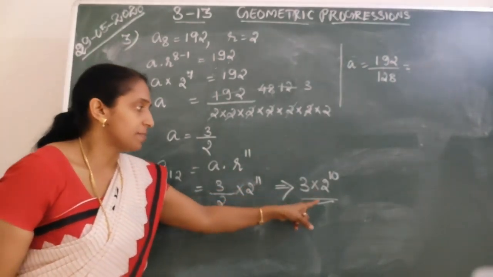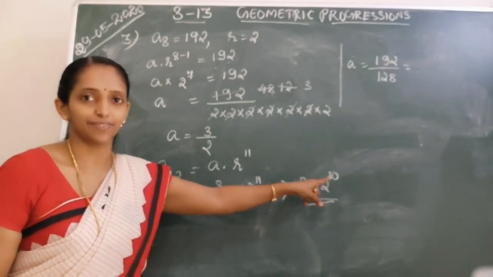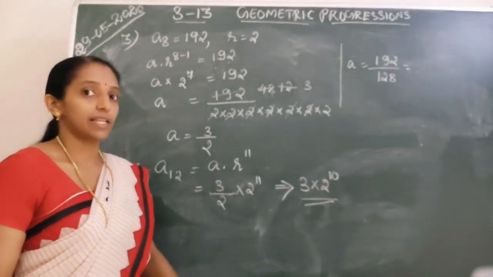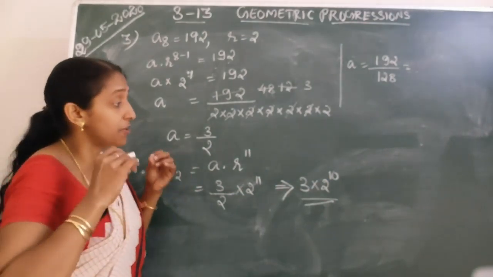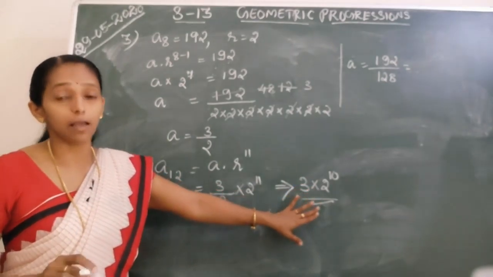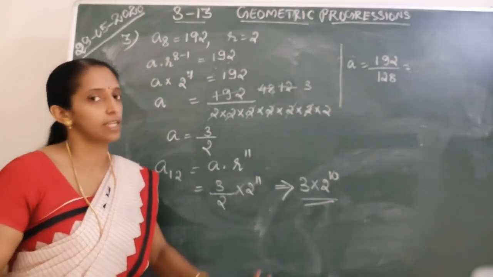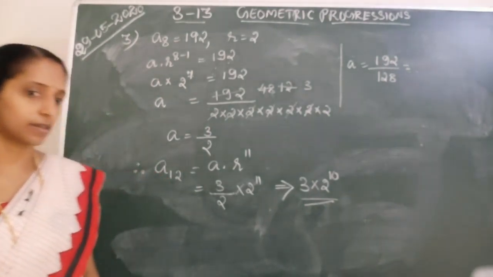So remaining will be 3 into 2 to the power 10. Clear? It's not compulsory to simplify 2 to the power 10. If you have written up to here, your answer is correct. But if it is a simplified term, you have to simplify it and find the final answer. Right? Note down.